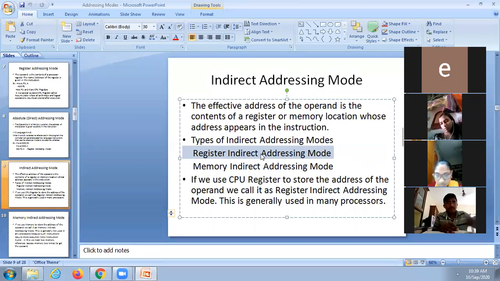The default indirect addressing mode is register indirect addressing mode, not memory indirect addressing mode, because there are two.